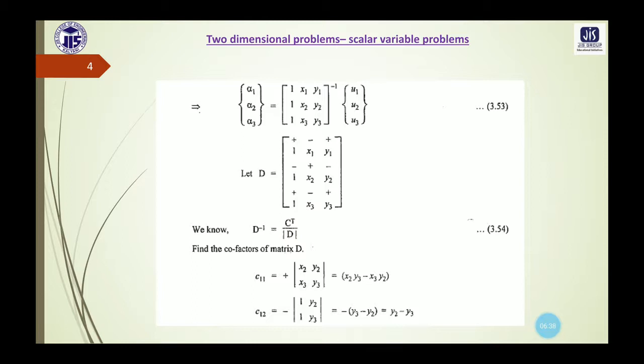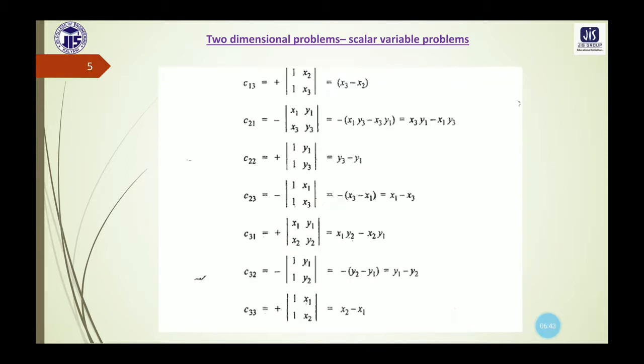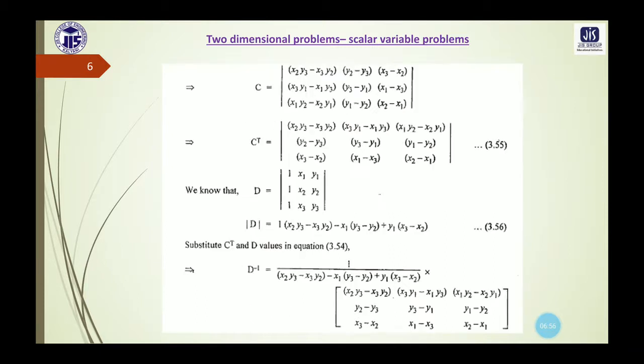Next, C12 equals y2 minus y3. Then C13, C21, C22, so all the different cofactors we need to find here. Now if we put all these cofactor values in the C matrix, then we need to perform the C transpose.